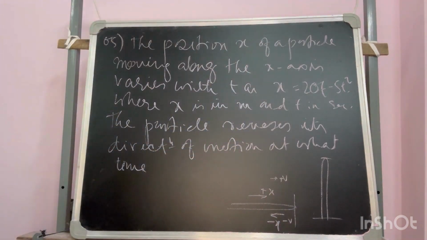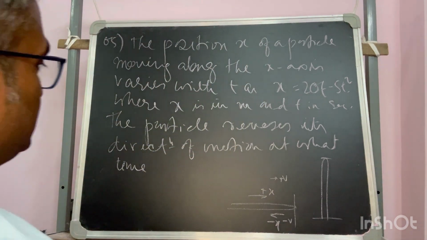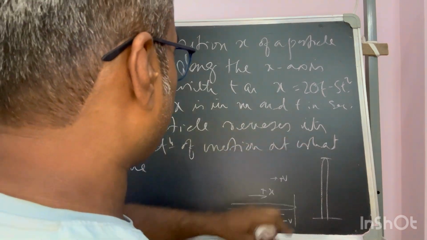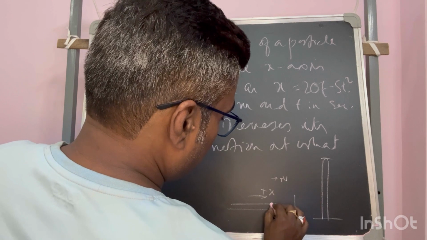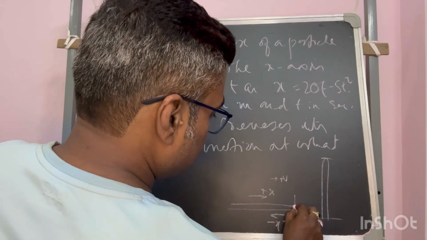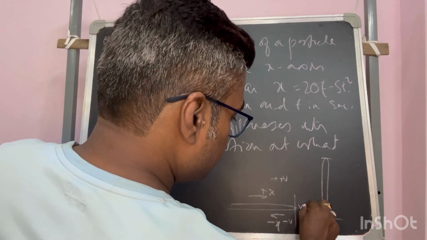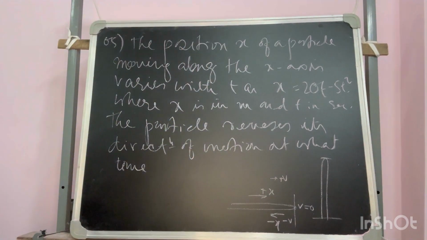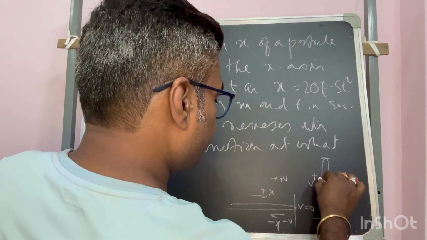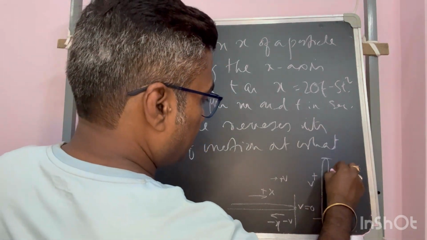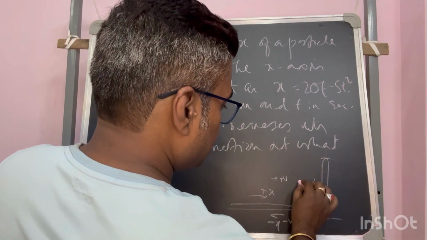Before it becomes positive to negative, there must be some position where v must be 0.